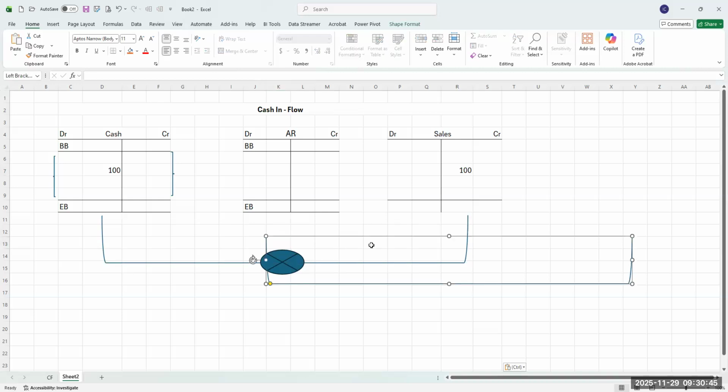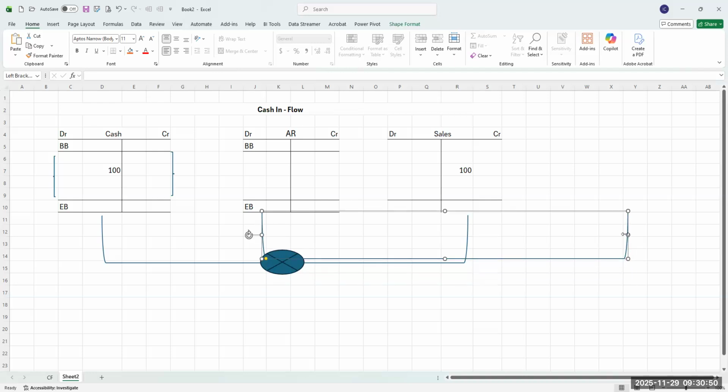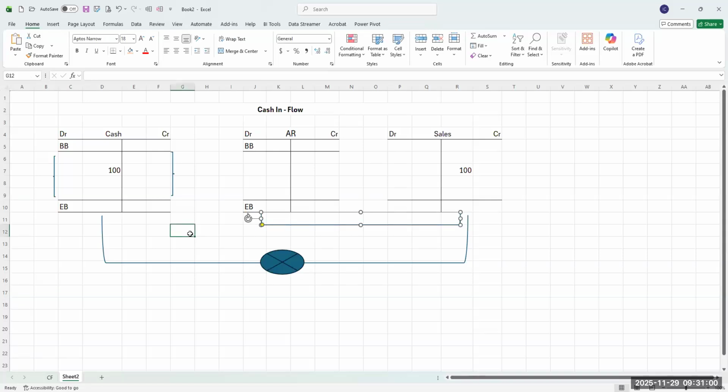The first will be related to the accounts receivable coming from sales, and the next one is going to catch my accounts receivable going to cash. So instead of one chain, I have two.